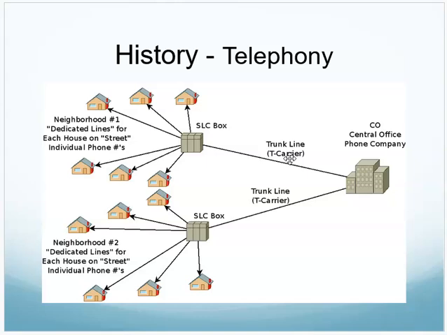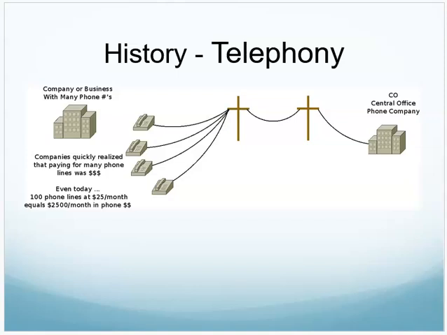Hopefully you remember that from 120. And would actually multiplex together those 24 phone calls on one simultaneous trunk line back to the central office. So now we start getting this structure that should start looking like backbone cabling, fiber cabling between closets, horizontal cabling out to workstations, that kind of structure. Okay, that should start looking familiar to you.